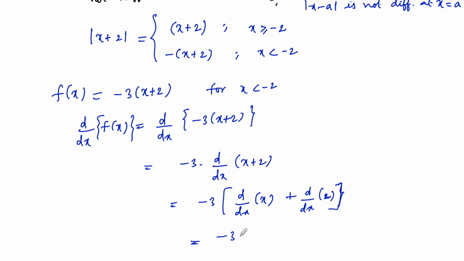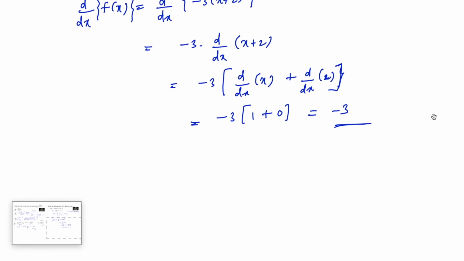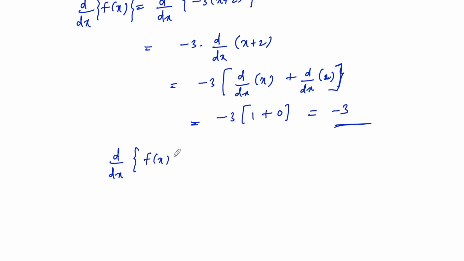That is minus 3 into differentiation of x is 1 and differentiation of constant is 0, so we are getting negative 3. So it's independent of x, so we can say d by dx of f of x at x is equal to negative 3 is minus 3.